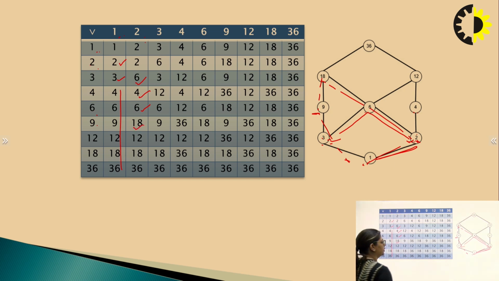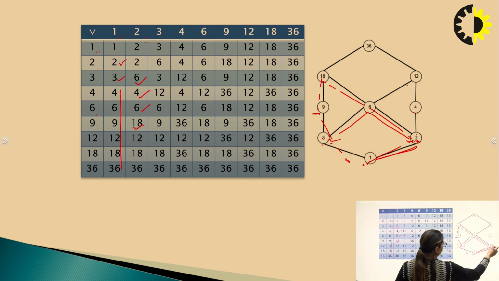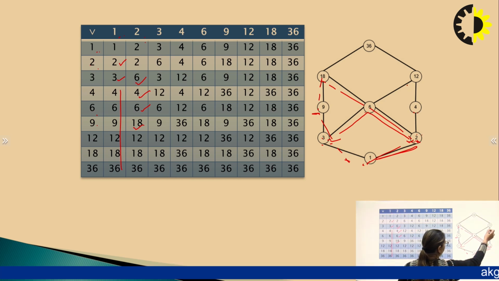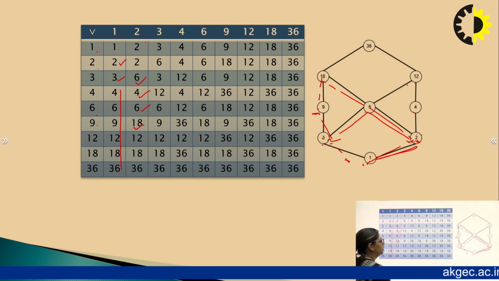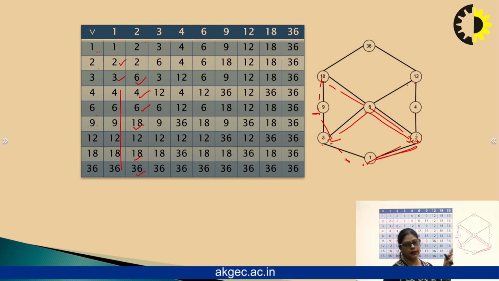Then 18 will be the answer. 12 and 2, there is a relation, and the upper one is 12, so 12 will be the bound there, right? Similarly 18, similarly 36. This way we can make the table, and here we can see that we are able to find the join for each and every pair of elements in the poset. So it is a lattice.